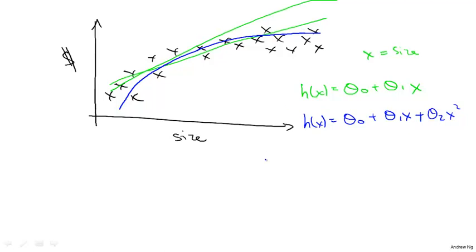Or in fact, maybe we don't want just a second order polynomial. Maybe you think housing prices are even more complex. Maybe you think housing prices would come up, plateau a little bit, and then pick up again. And so for this red curve, maybe you can fit a third order polynomial to it: theta 2x squared plus theta 3x cubed. I don't know. Or maybe even other models.